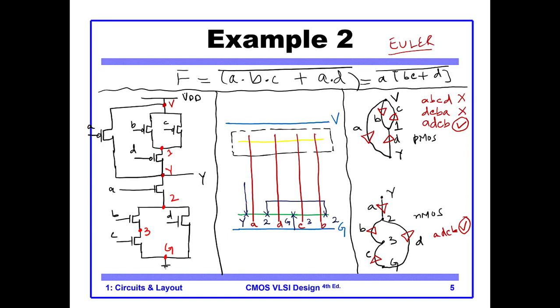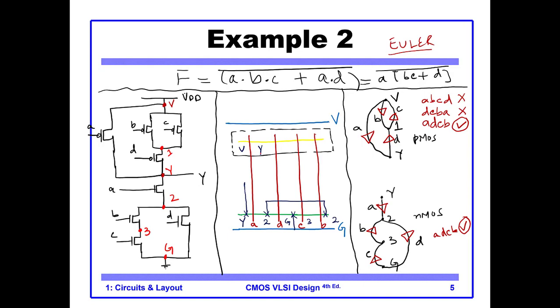Now let's come to the Pmos side. So again, on the Pmos side, on one side of A is V, and on the other side of A is Y. Okay, so I can say that V is here and Y is here. Why?